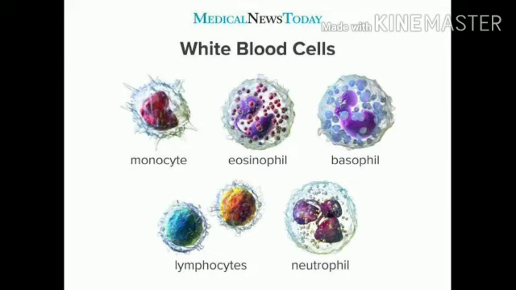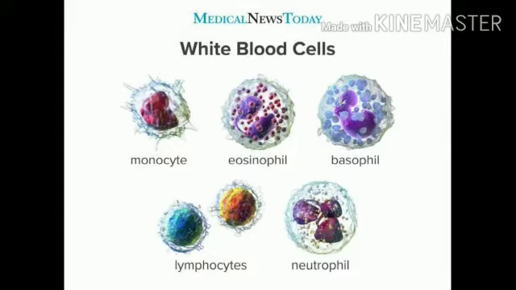Now let's see about white blood cells, that is WBC. These are large, nucleated and colorless cells. 5000 to 10,000 WBC are present per mm³ of blood. There are 5 types of WBC present in the blood, and the names are basophils, eosinophils, neutrophils, monocytes and lymphocytes.